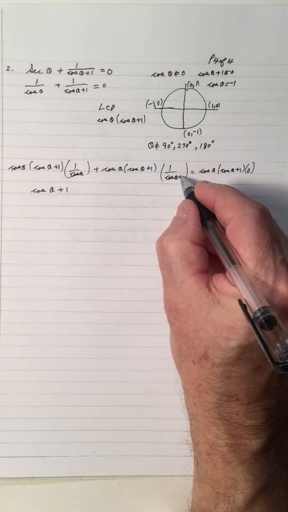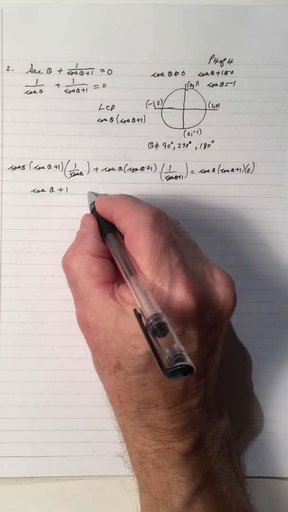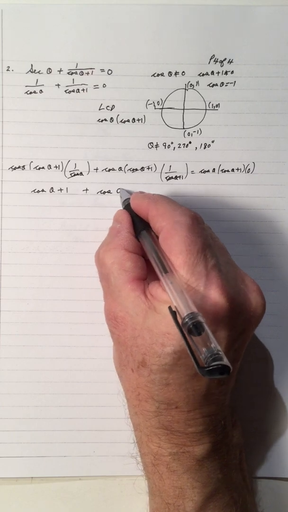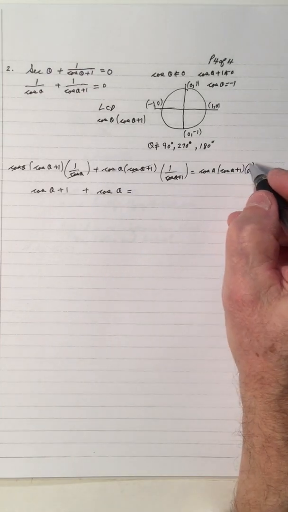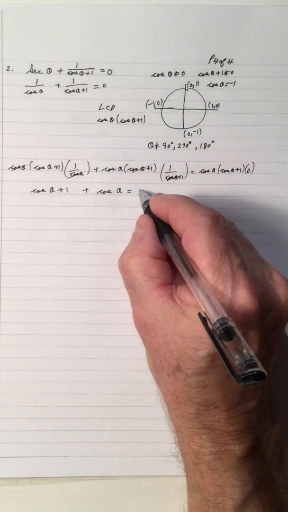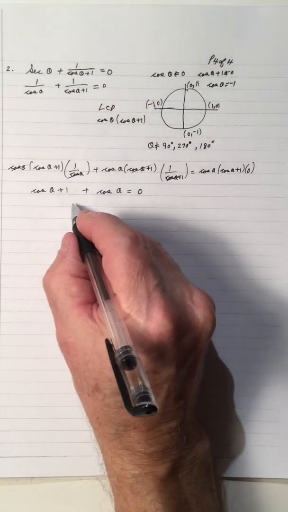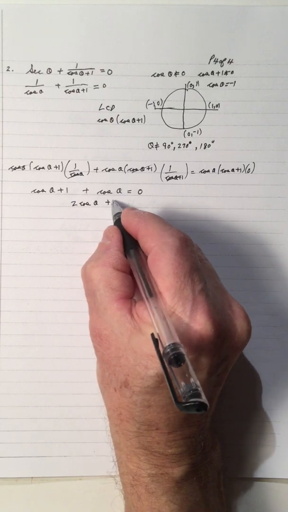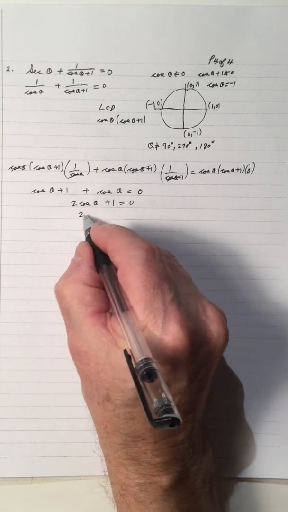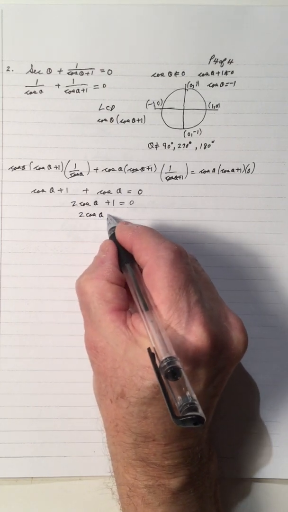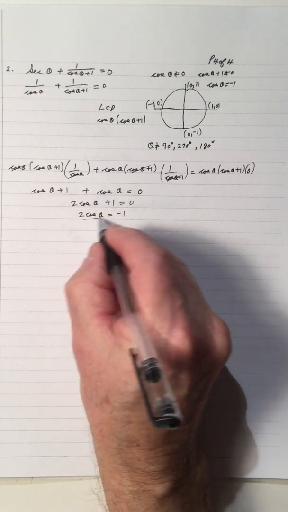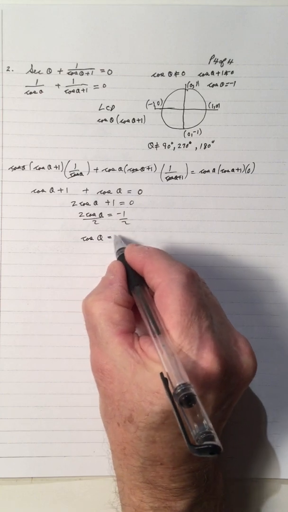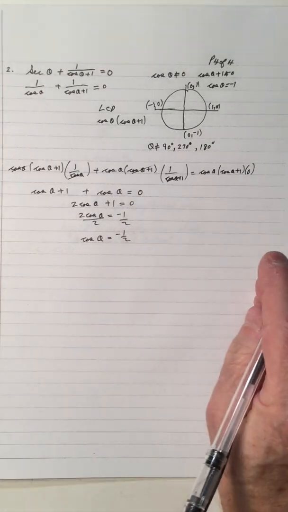And cos theta plus 1 cancels out, and we get cos theta times 1, which is cos theta, equals 0, because 0 times any number is 0. So we continue to solve. 2 cos theta plus 1 equals 0. 2 cos theta equals -1. Divide by 2. So cos theta is equal to -1/2.